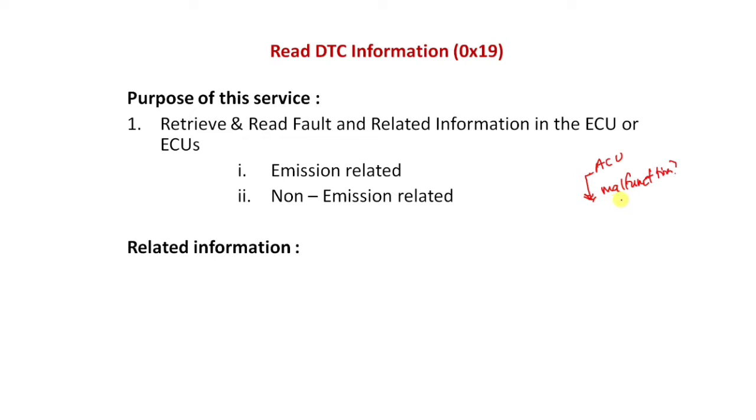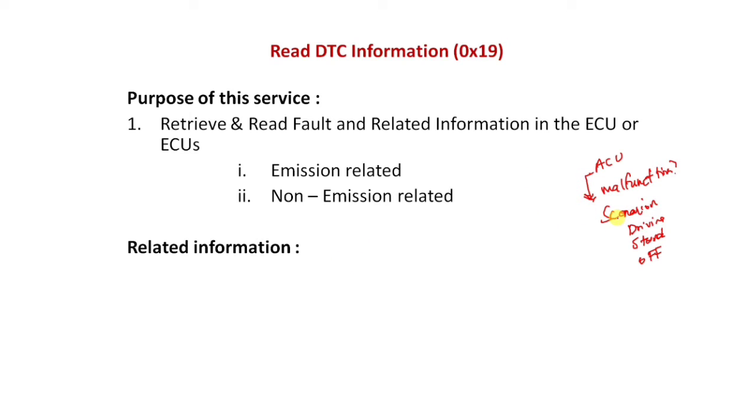Also the malfunction scenario: whether it happened while the vehicle was driving, or in a standstill, or in an off condition, engine off. There may be some physical damage also, like rat bites or natural calamities. Whatever it is, you have to get the information. These are all called related information.